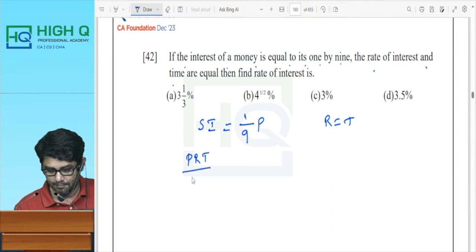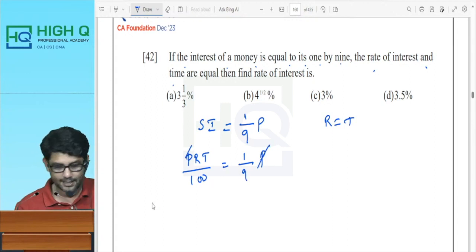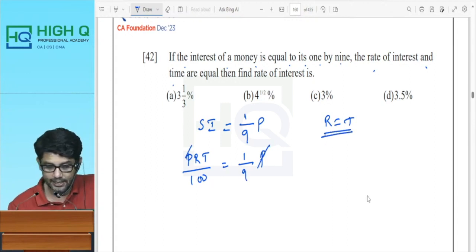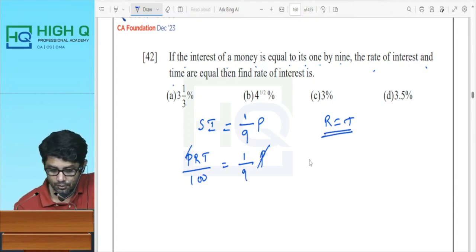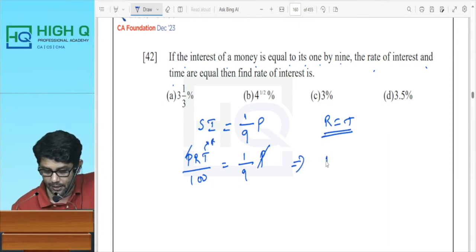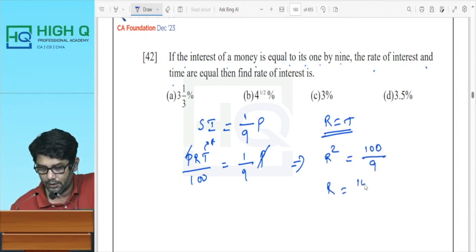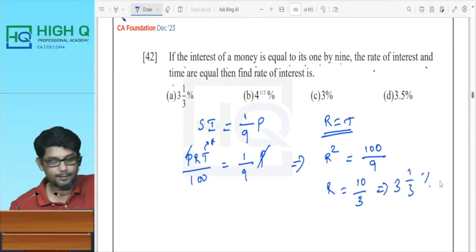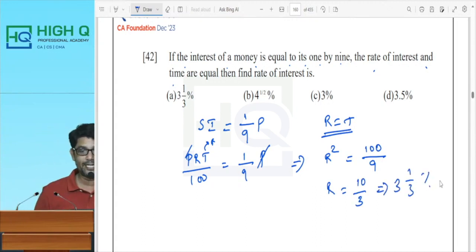PRT by 100 is equal to 1 by 9 P. P and P get cancelled. R and T are equal. Am I right, my dear? So, can I say this one also I'll replace by R? Is it R square is equal to 100 by 9? So, R is equal to 10 by 3. This one is a little tricky, my dear. You need to write it.